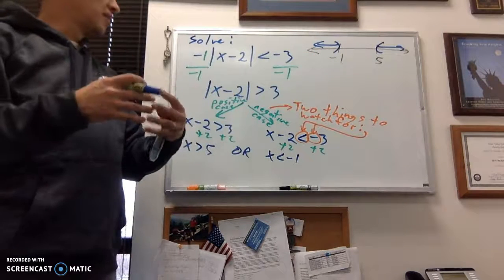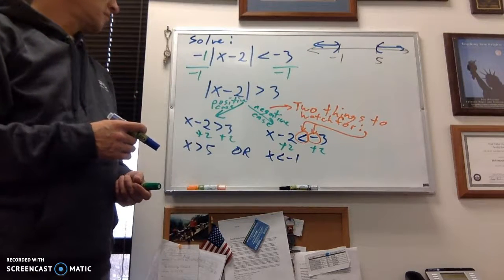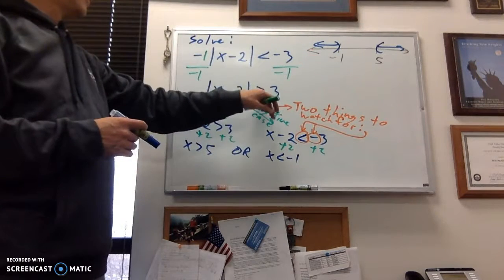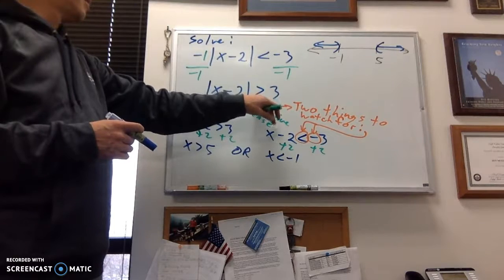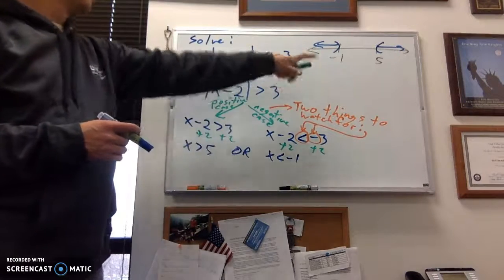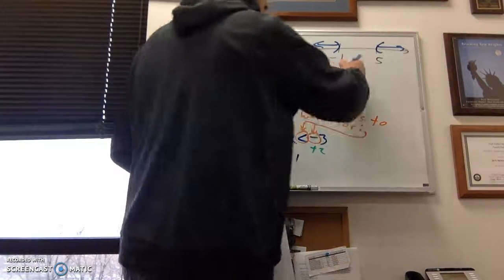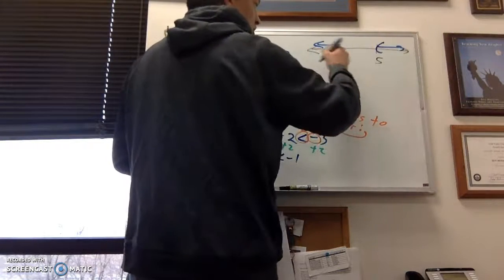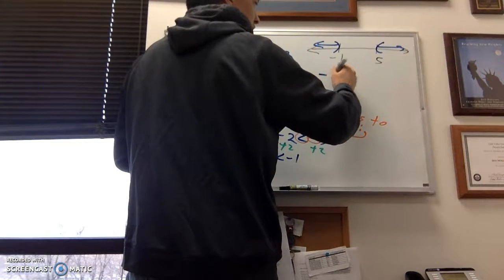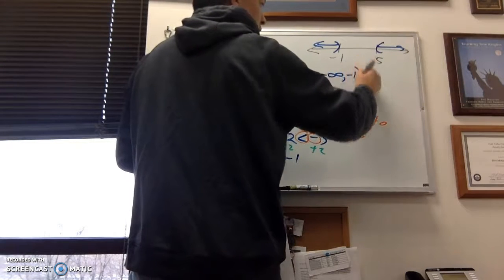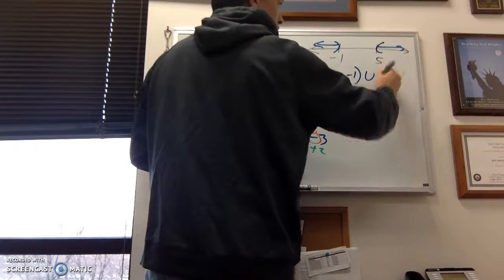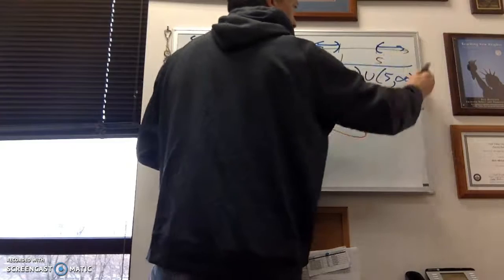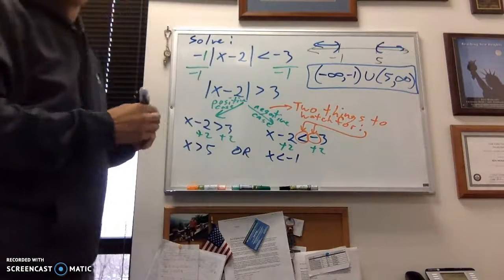Because I don't have anything in common there. Just based off what you see on the graph. If this was a less than sign, things would have been a little different. I'm not going to go there. But this is an or, not an and. So remember, the answer is what shows up in the graph. So negative infinity to negative 1, parentheses, union, parentheses, 5 to infinity. And there is your answer for that problem.